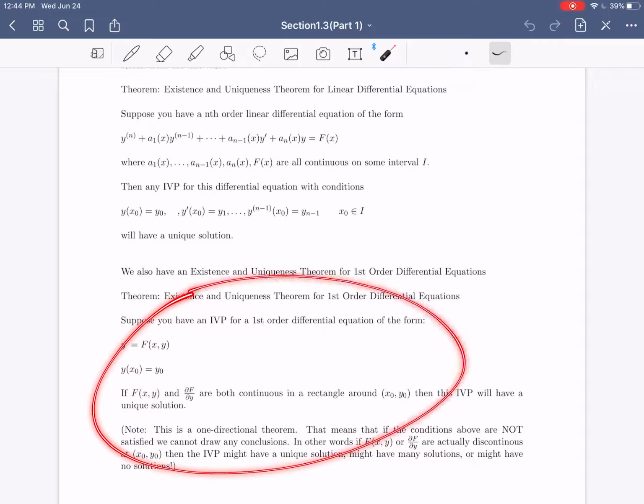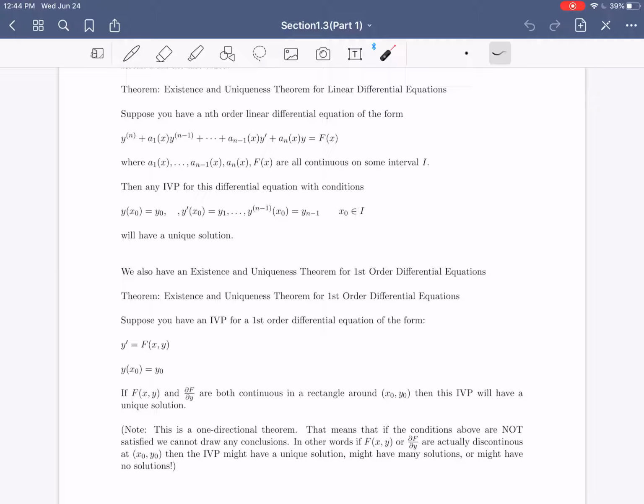This proof is not undoable, but it is very beyond the scope of our class. So we're just going to state both these existence and uniqueness theorems without proof. From here on out, most of the major theorems we see in this class we will prove, but these two, unfortunately, are a little bit beyond our scope.